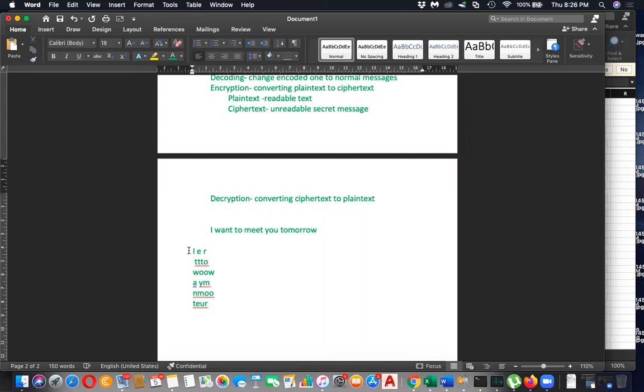I wrote this downwards. Now I'm going to merge this into a single string.